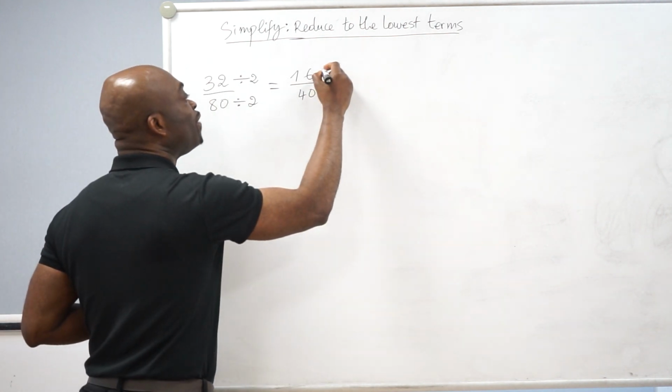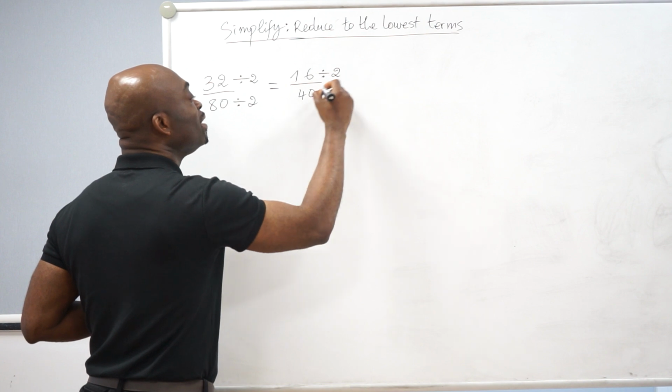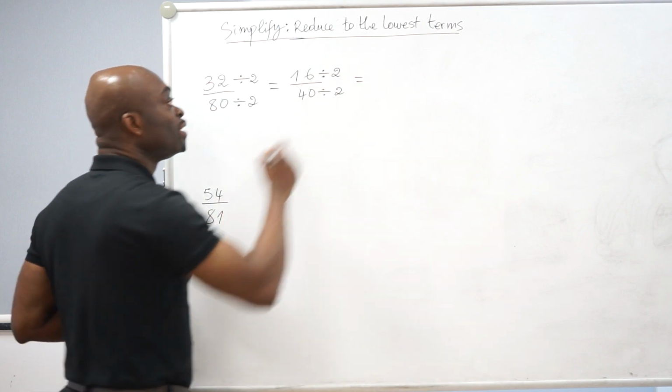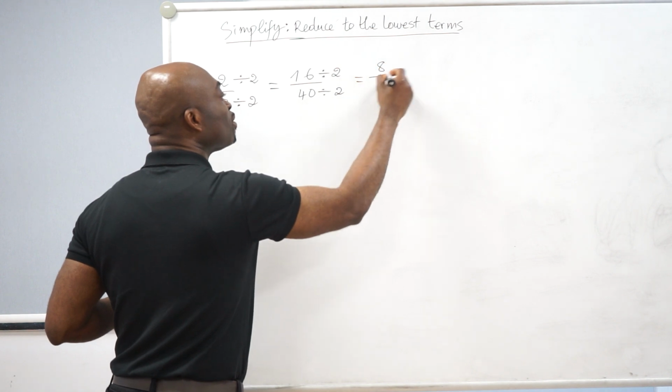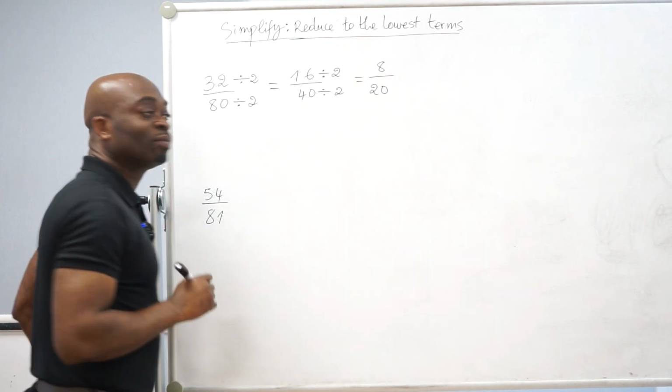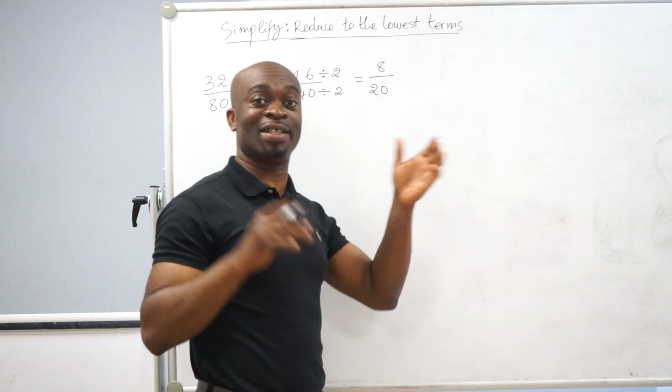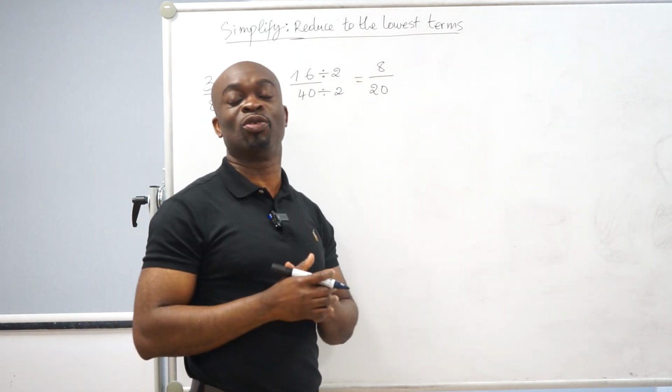So 2 can divide into 16, and 2 can divide into 40. So what would that give us? So this one will give us 8 over 20. We're getting closer, correct? So in this case also, you can still see this is an even number. 2 can still do the job.